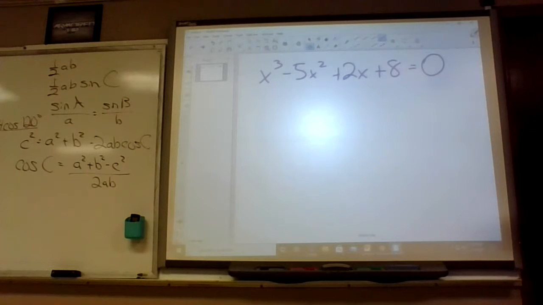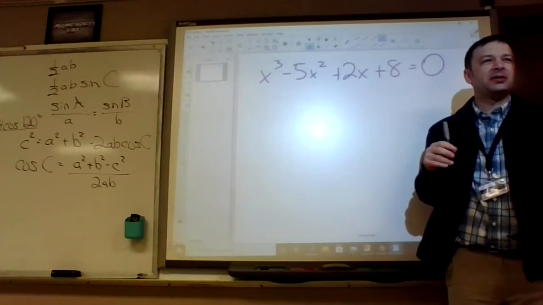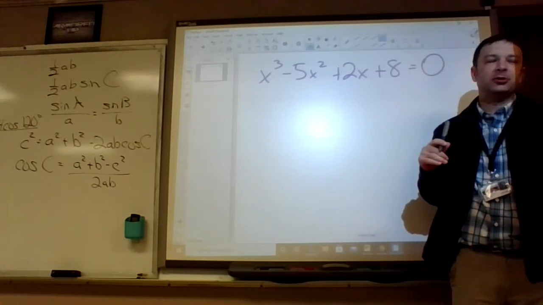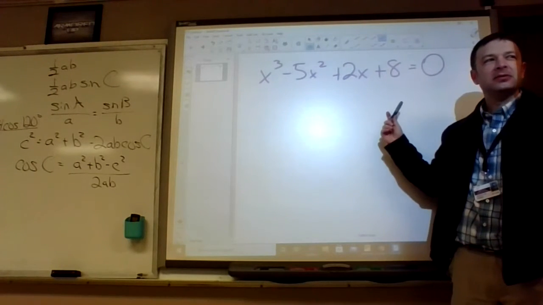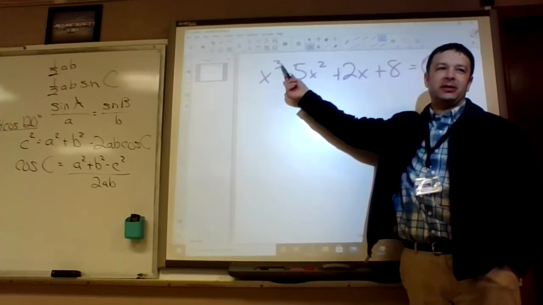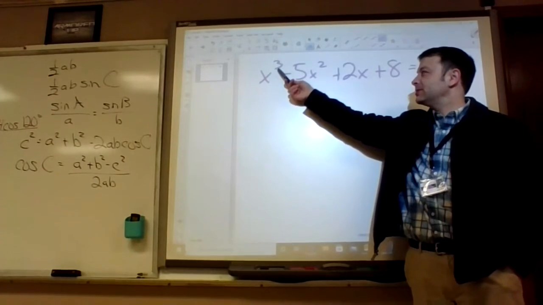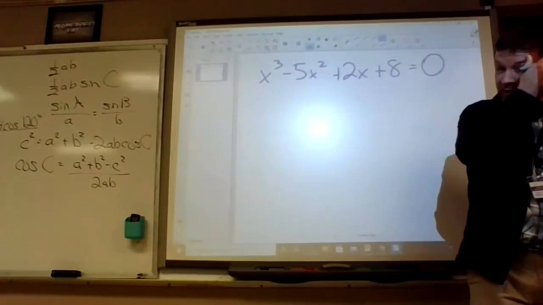So we're looking for what x can be. Do you guys remember how many roots I said yesterday this could have? 3, yeah. The highest power is called the degree of the polynomial. That's how many answers it should have.